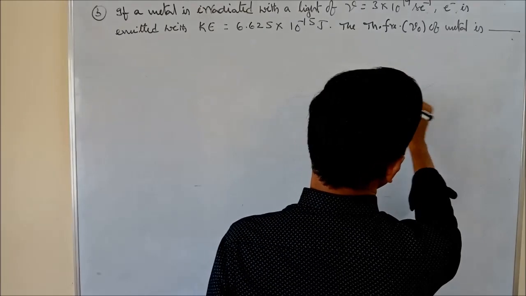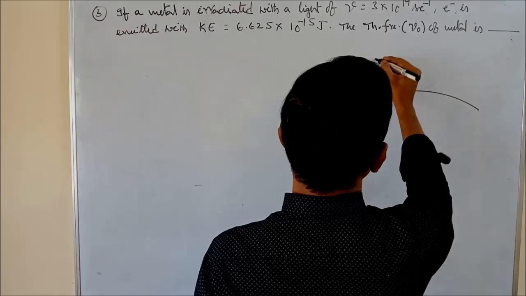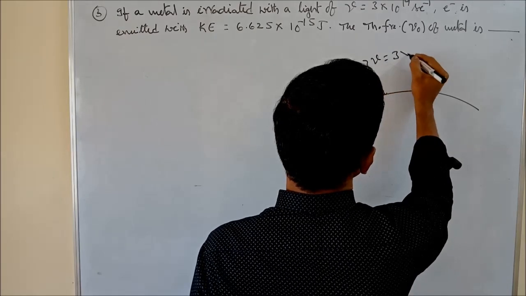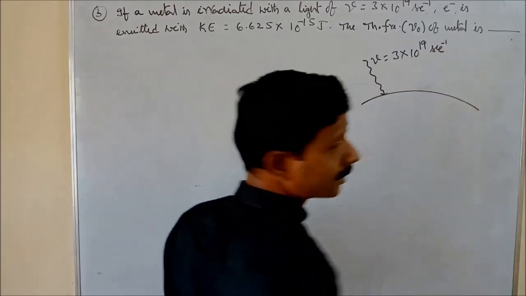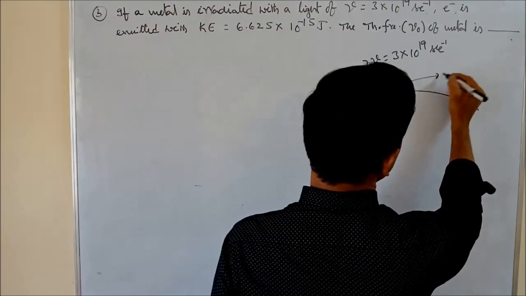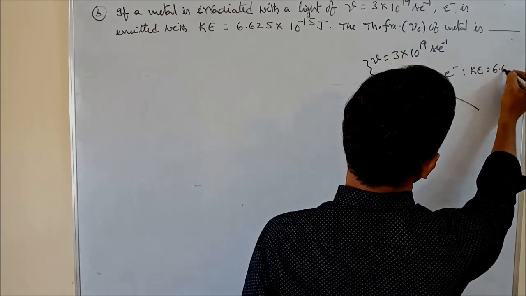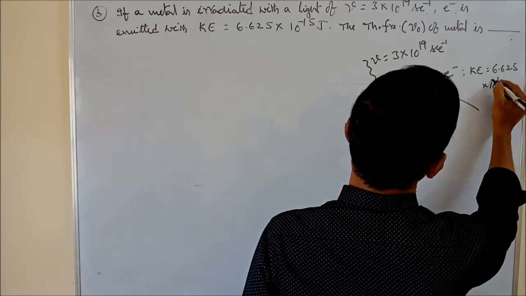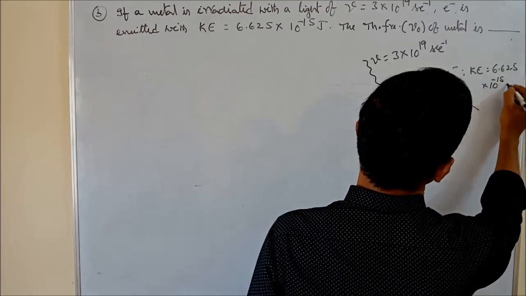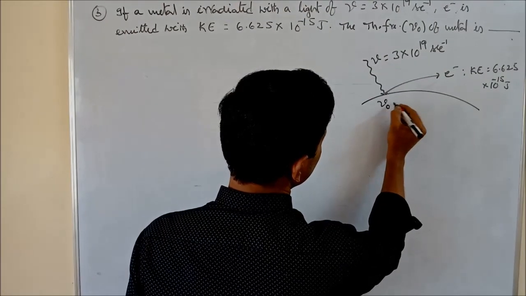Imagine this is the metal surface, and here we are using a light of frequency 3 into 10 power 19 second inverse, and there we are getting an electron whose kinetic energy is equal to 6.625 into 10 power minus 15 joules. That is the experiment. If it is like that, what about the threshold frequency of the metal?